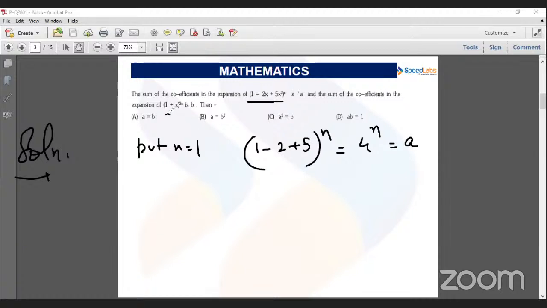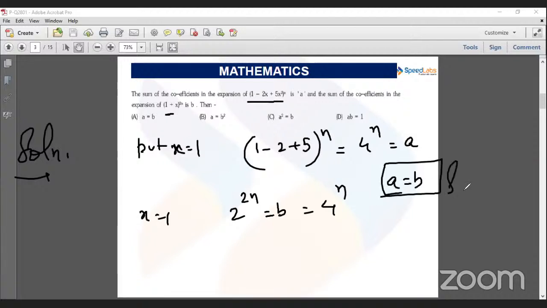And for the next one, again for the sum of the coefficients put x is equal to 1, the sum of the coefficients will be 2 power 2n, which is equal to b. This is equal to 4 power n. So technically a is equal to b. Easy one.